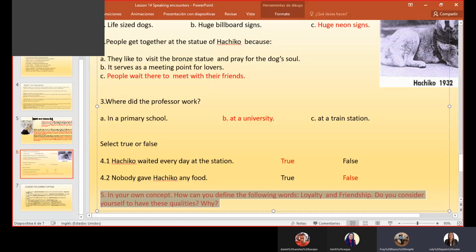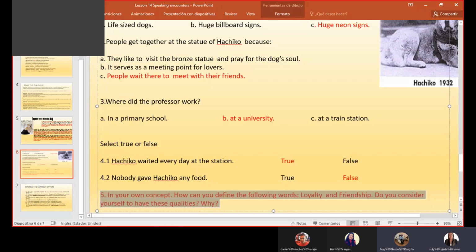Fray, a responder la pregunta que mandé al chat. Teacher, can I answer?